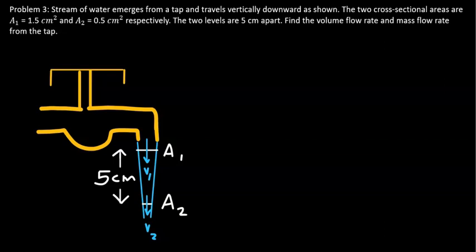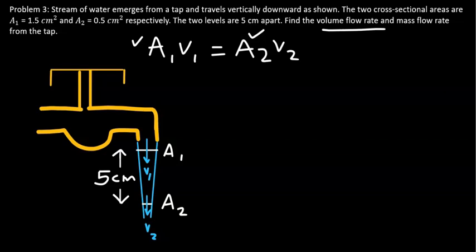So to first determine the volume flow rate, you need to know A1 V1 or A2 times V2. Now we know A1, we know A2, but we don't know the speeds. But note, this is a problem on motion and gravity, so we can use one of the kinematics equations.